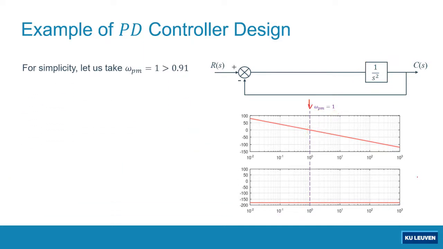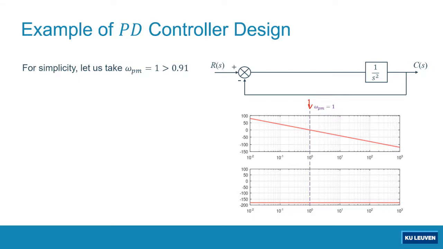So let's take a look again in a bit more detail. One of the requirements is, we have already decided that the phase margin frequency should be equal to 1 radian per second.